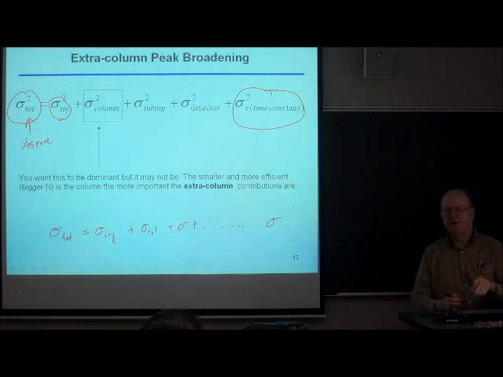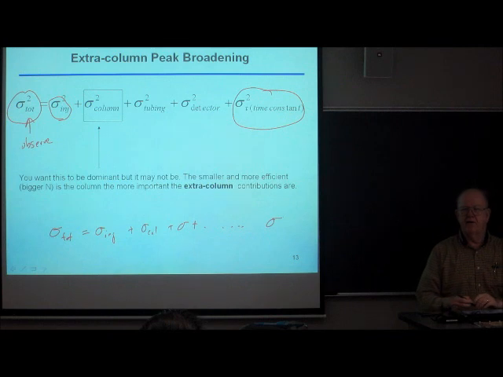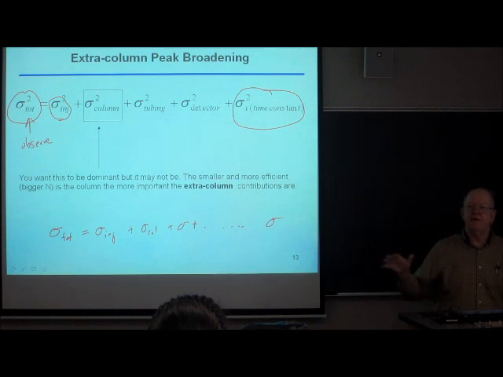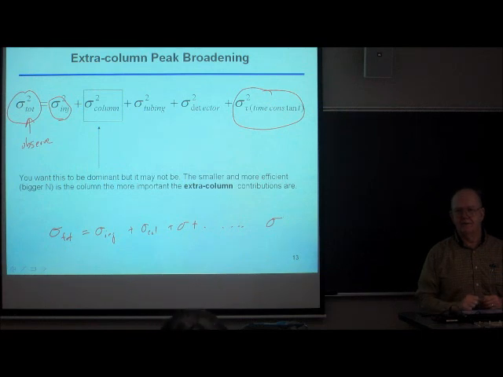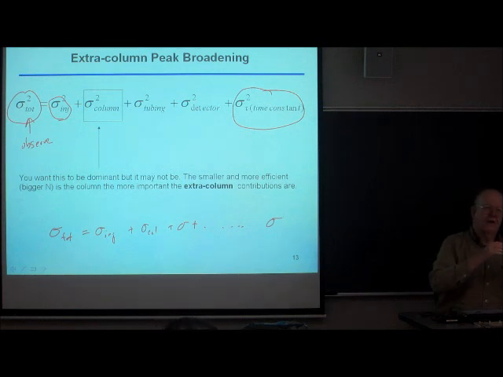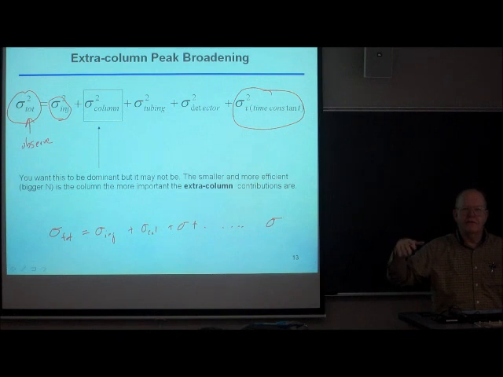Now, imagine that one of these sigmas is 10 times bigger than any other sigma. Well, the 10 gets squared. So even though you have 4 or 5 other sigmas and they're all 10 times smaller, their square amounts to about 100 times smaller, and so they become negligible.